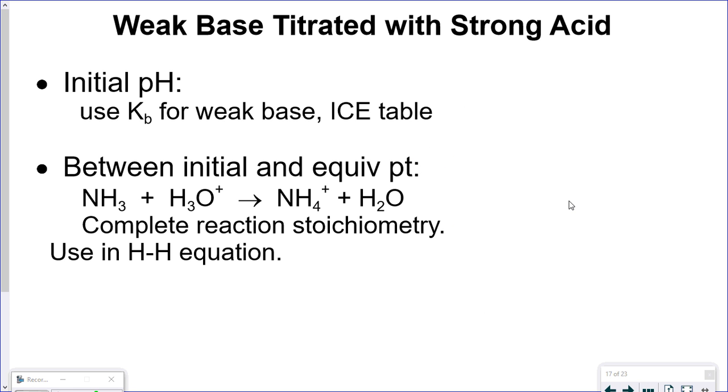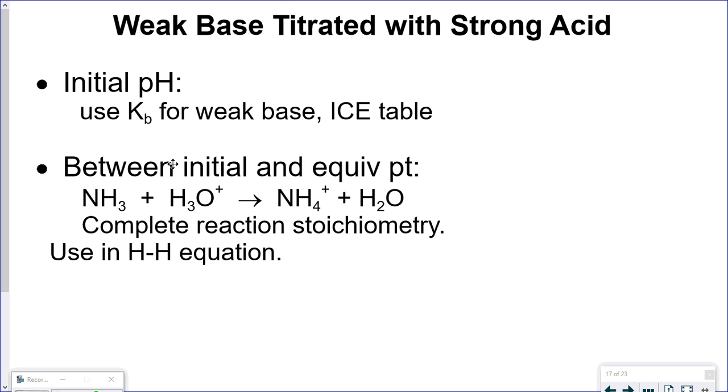So let's look at these overall steps, and these will be very similar to our steps for a weak acid and a strong base, but we will be using more of our Kb values versus Ka values. So equivalence point is found the exact same with stoichiometry. Our initial pH, we're going to use the Kb for the weak base and an ice table to figure out that concentration of hydroxide.